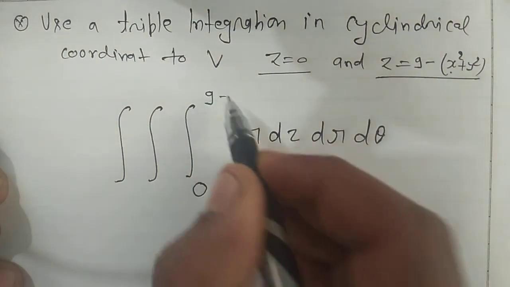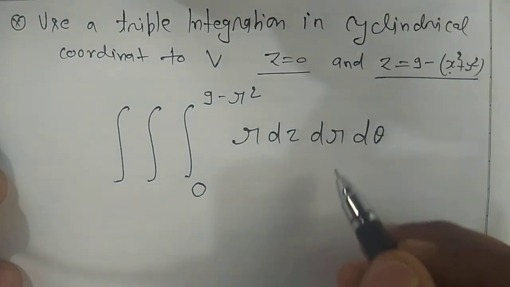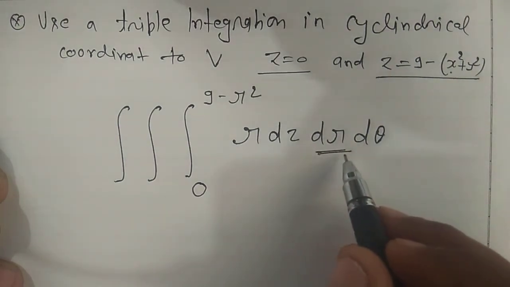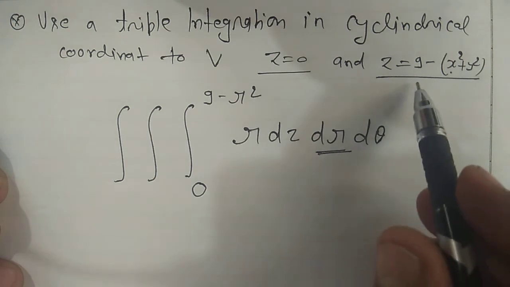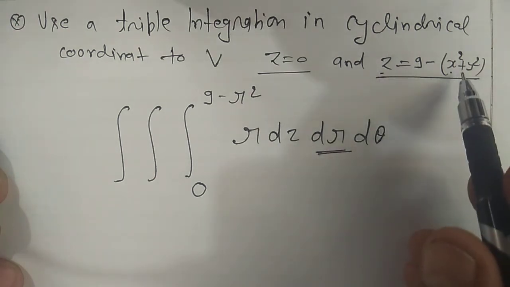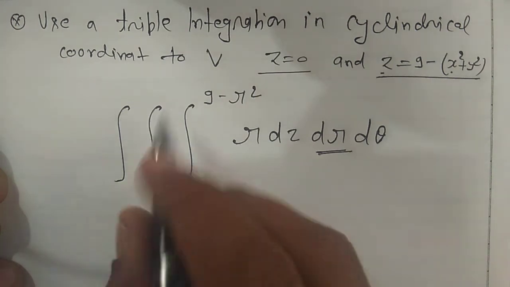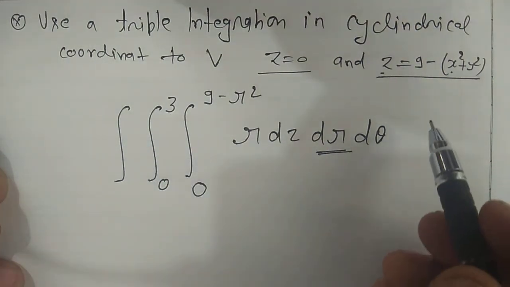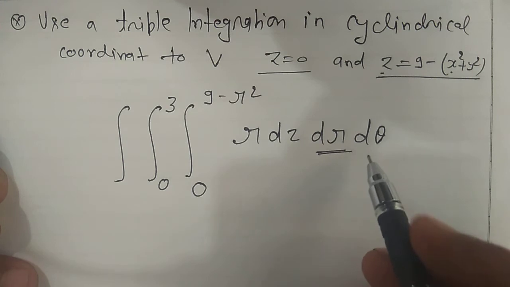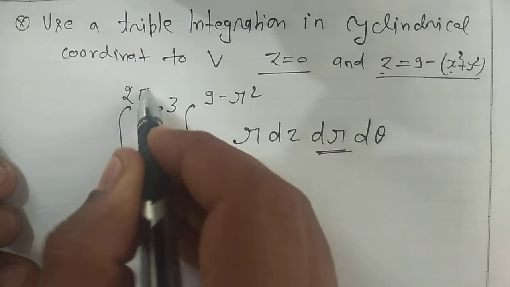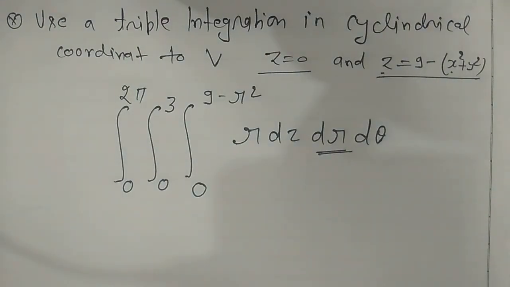The r limit will be the distance from the origin. In the xy plane z equal to 0, so we have x square plus y square equal to 9, so r square equal to 9, so r equal to 3, so 0 to 3. And the theta limit is the full circle, so 0 to 2 pi. So this is the limit part.